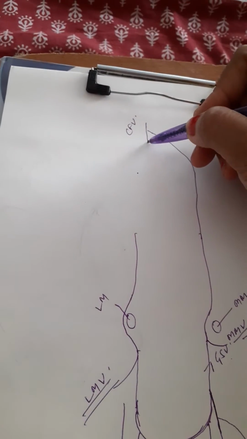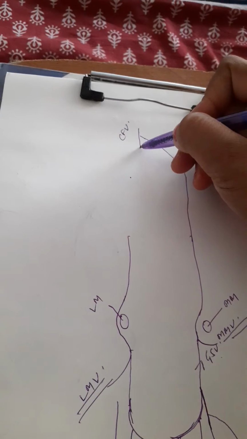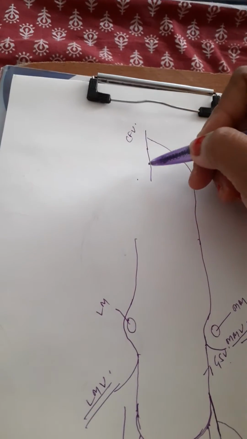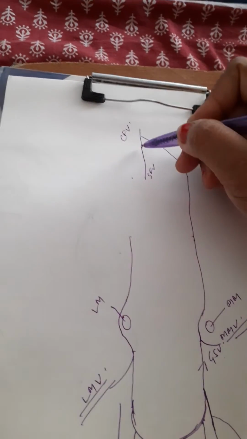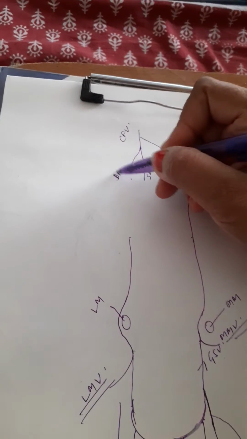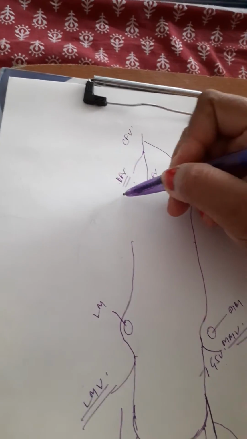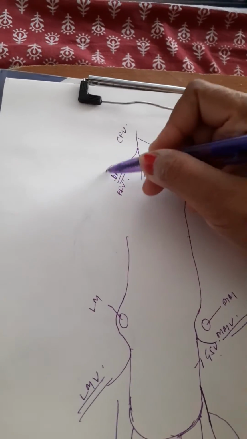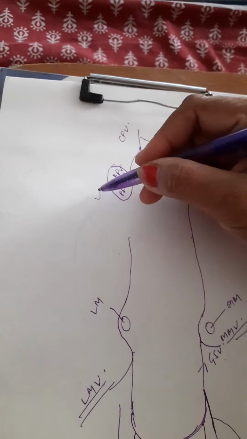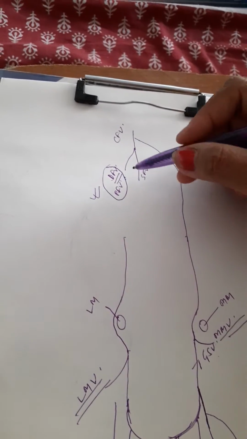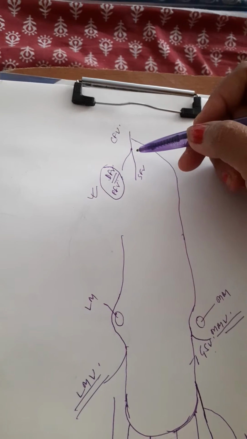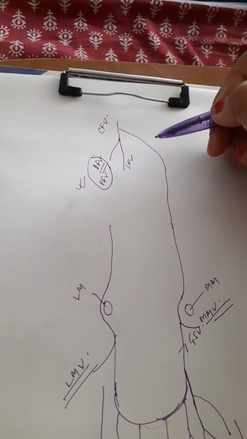Common femoral vein is formed by the union of the superficial femoral vein and the deep femoral vein or profunda femoris vein. These deep veins accompany the arterial system.